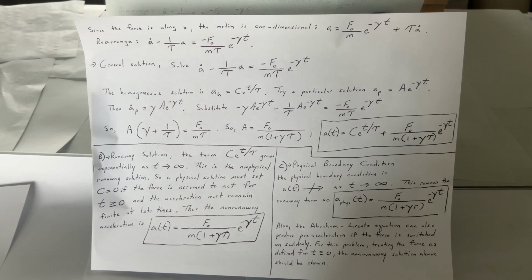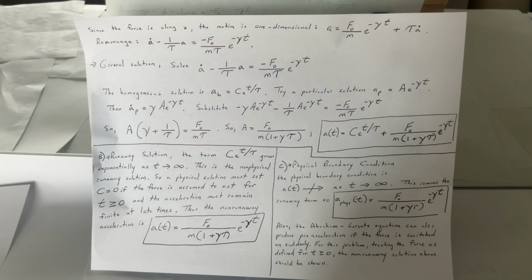And this is the non-physical runaway solution. So a physical solution must set C equal to 0 if the force is assumed to act for t greater than or equal to 0, and the acceleration must remain finite at late times. Thus, we could say the non-runaway acceleration is a(t) = F_0/(m(1 + γτ)) e^(-γt).